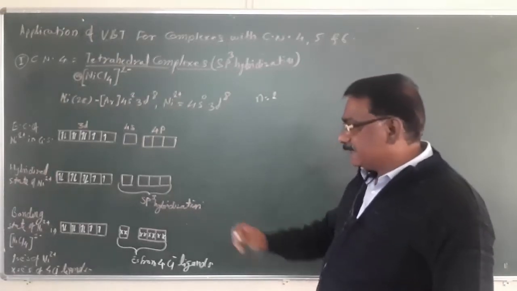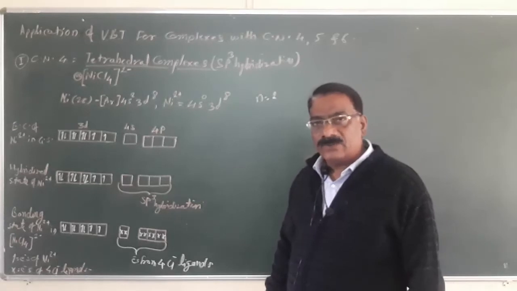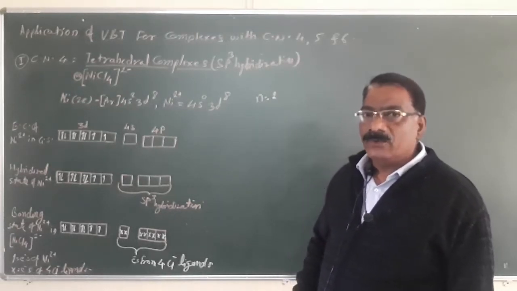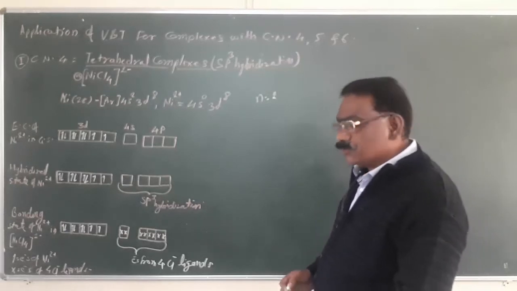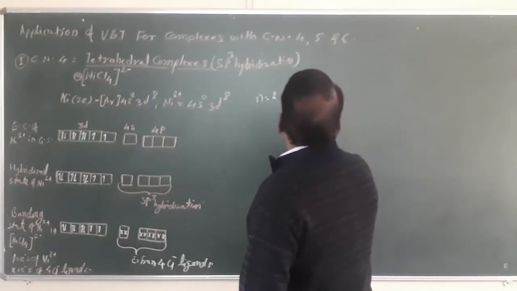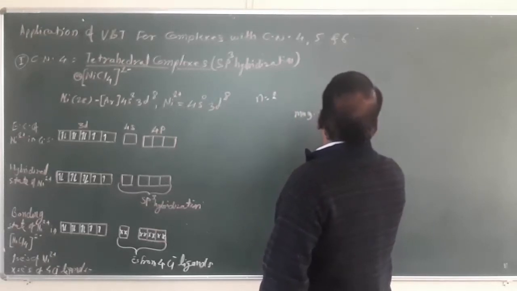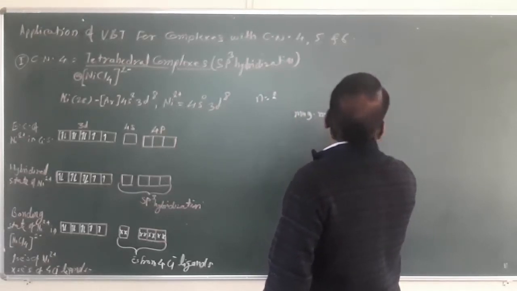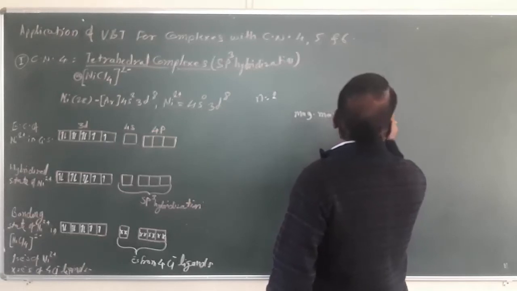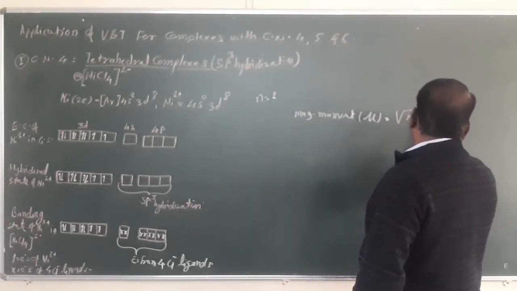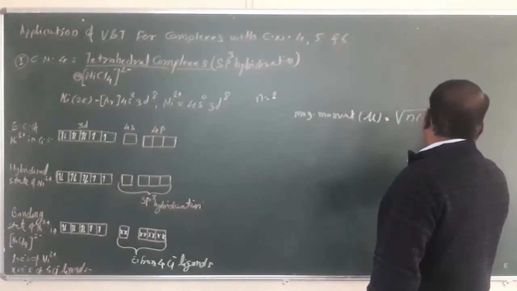As there are unpaired electrons, this complex is paramagnetic and we calculate the magnetic moment. So we have the formula, magnetic moment mu is equal to under root n in bracket n plus 2.